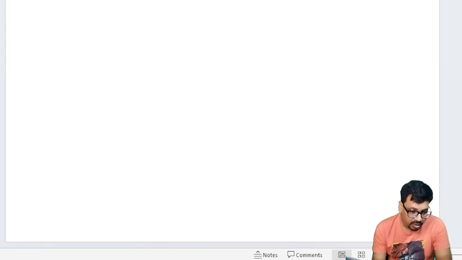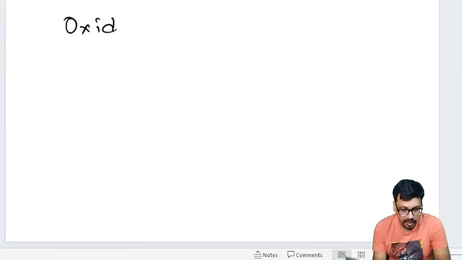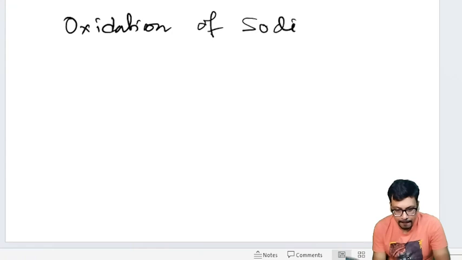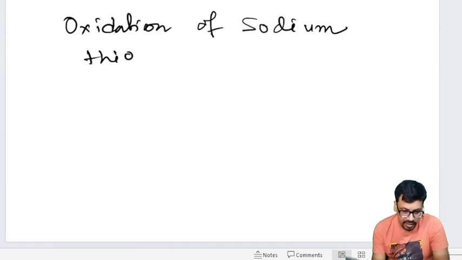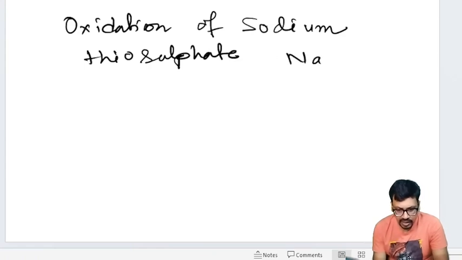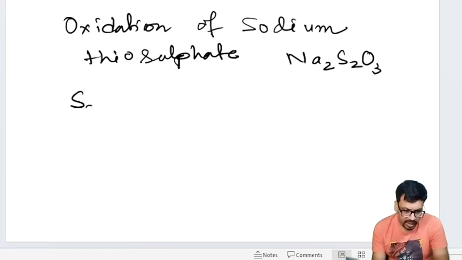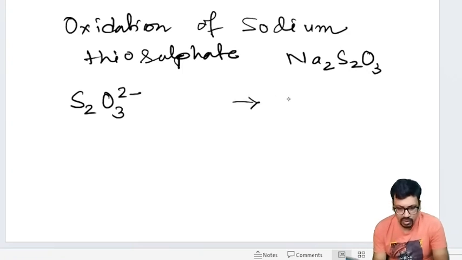that means the oxidation of sodium thiosulphate, that is Na2S2O3. So here S2O3 2 minus, the thiosulphate ion, is converted to S4O6 2 minus.